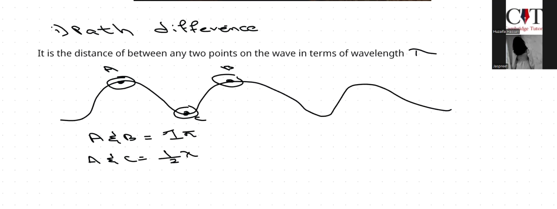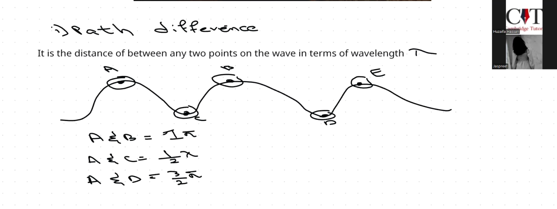Now if I take this point D, tell me the distance between A and D. 1.5, 3/2 lambda. Right. And what about A and this point E? 2 lambda.